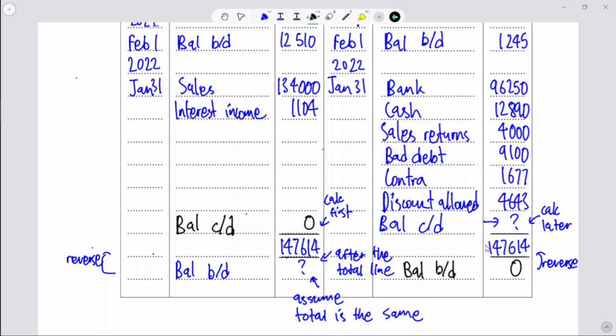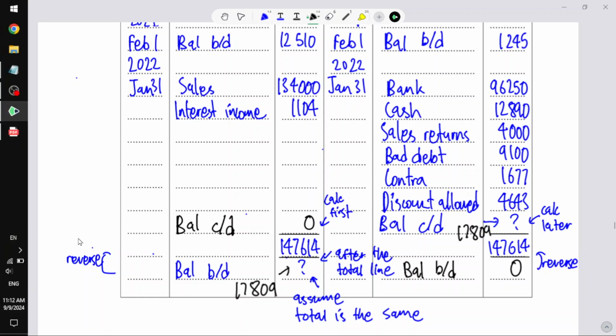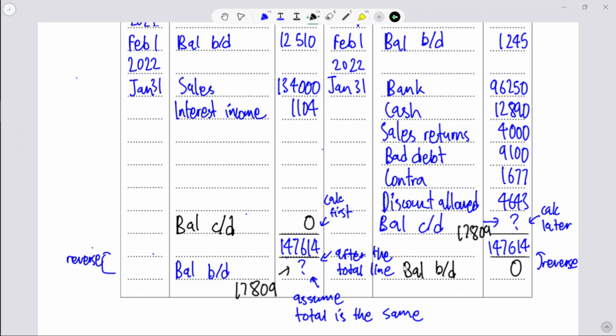Okay, this amount you will get is 17809. This amount will bring down. This amount will also be 17809. Try to balance the account, then you will get this figure. Okay, this is the correct one.